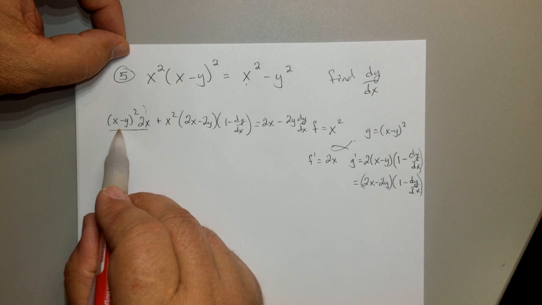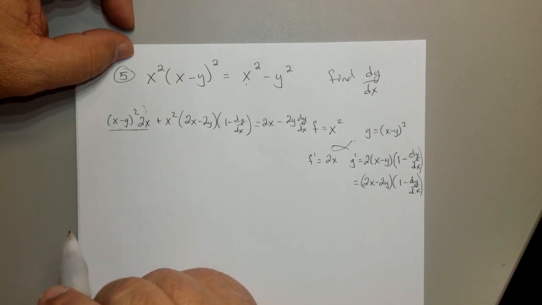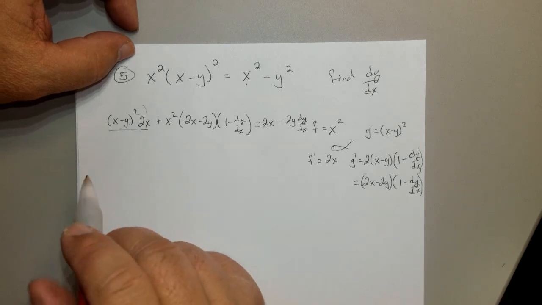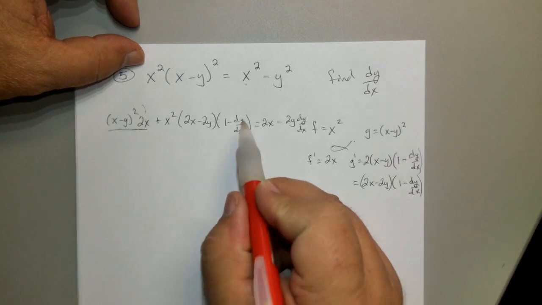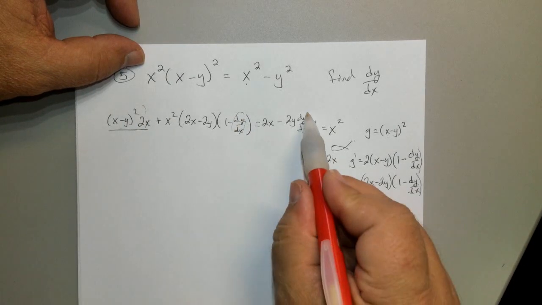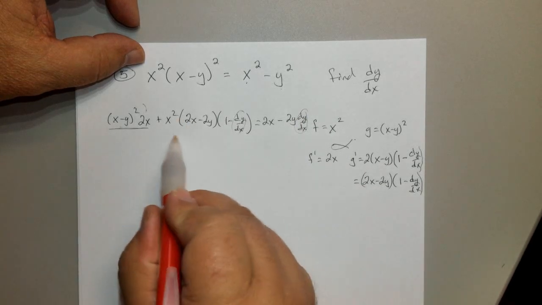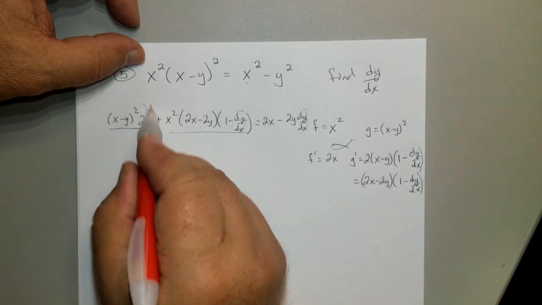What do we do with this first one? Do we have to combine them, since there's no dy/dx in there? We leave them as they are. We're interested in the dy/dx's right here. So we do have to multiply all those together. We can leave this alone the way it is.